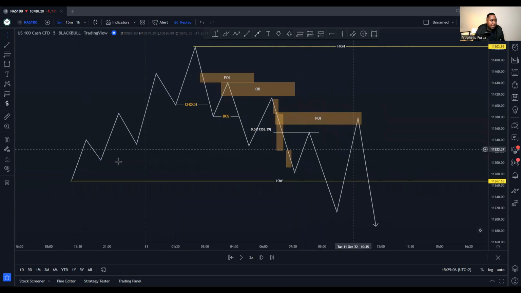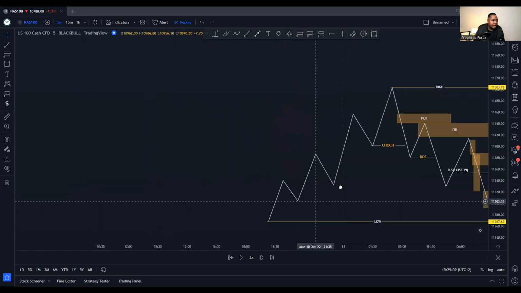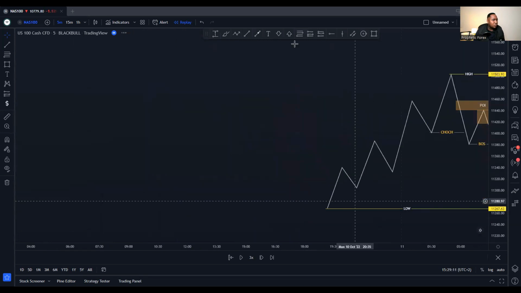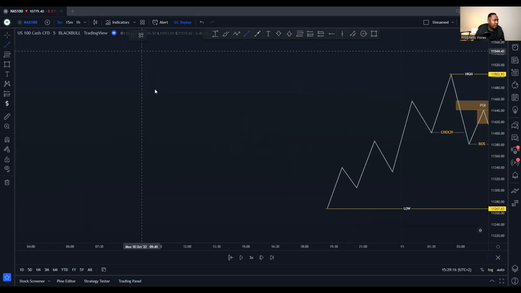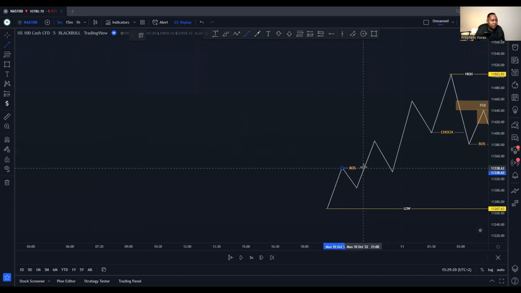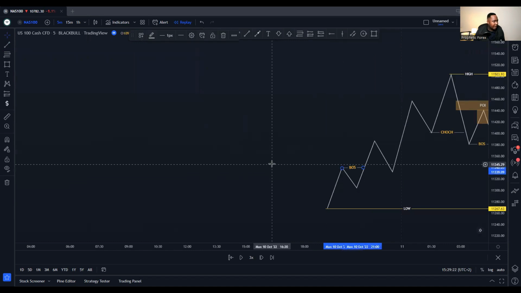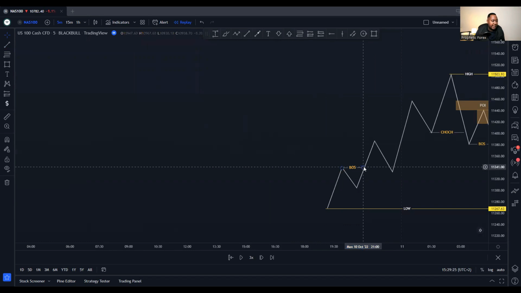Then when we break it, we are now again within a bullish market. And the very same thing, we want to see a change of character, guys. If you don't have the patience to watch this video, how are you then going to learn? So keep on watching, have the patience, take your time, take the notes, guys.